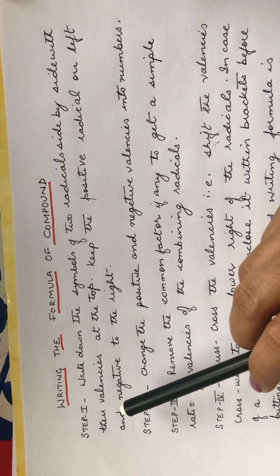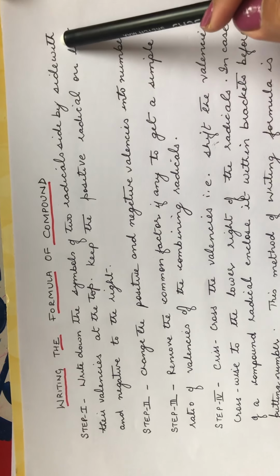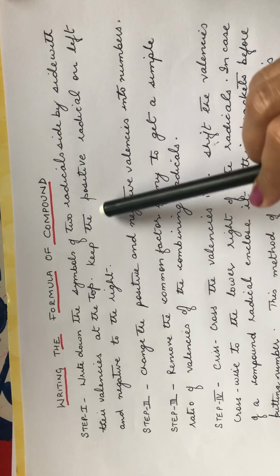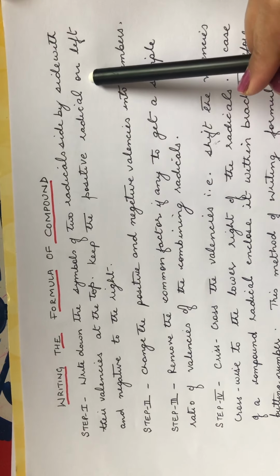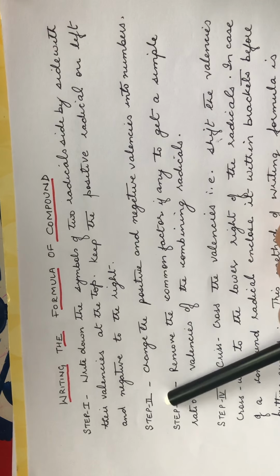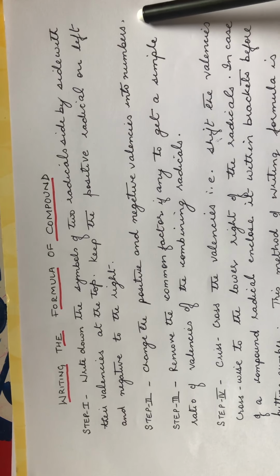Step 1 of writing a formula is to write down the symbols of the two radicals side by side with their valencies at the top. Keep the positive radical on the left and negative on the right. Step 2 is to change the positive and negative valencies into numbers.